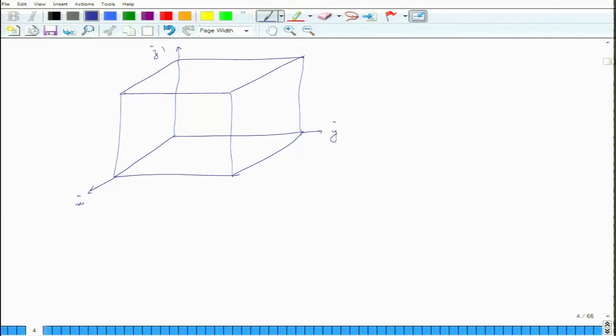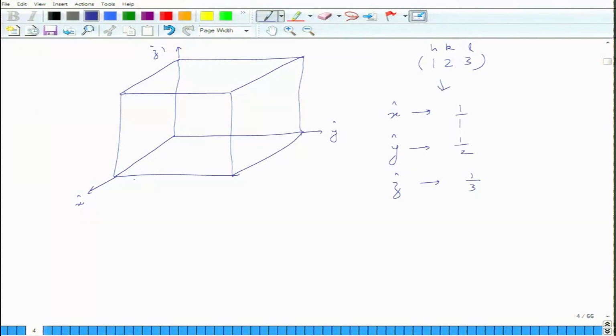Okay. Now, let us say you want to draw a plane which is 1, 2, 3. So, what you do for that is, this is H, this is K, this is L. So, on the x axis your intercept is 1 over 1, on the y axis your intercept is 1 over 2, on the z axis the intercept is 1 over 3.